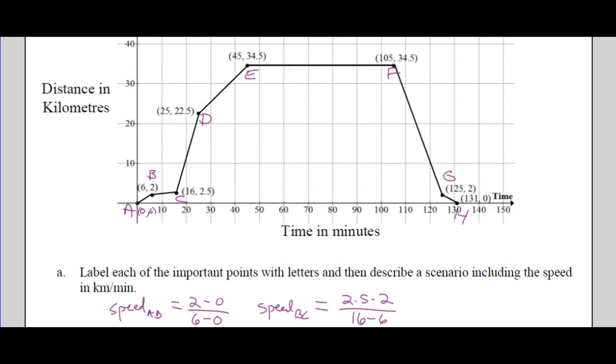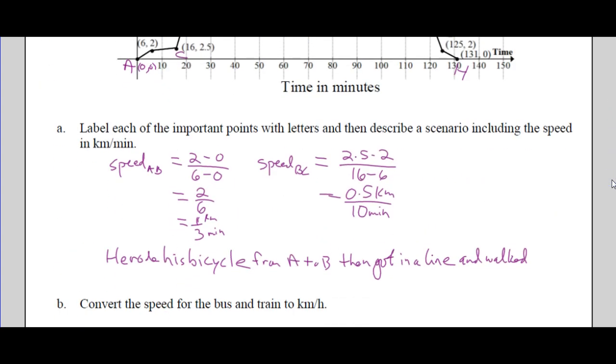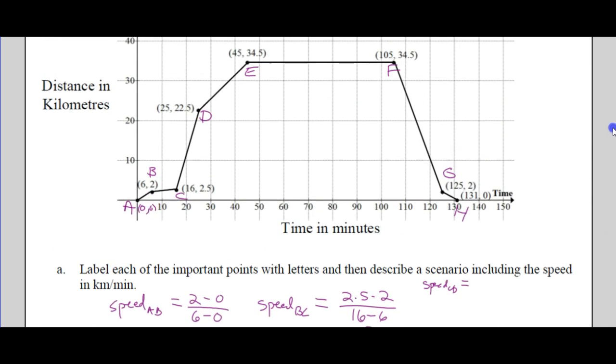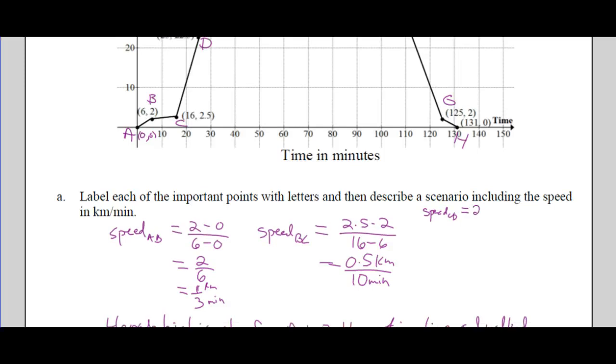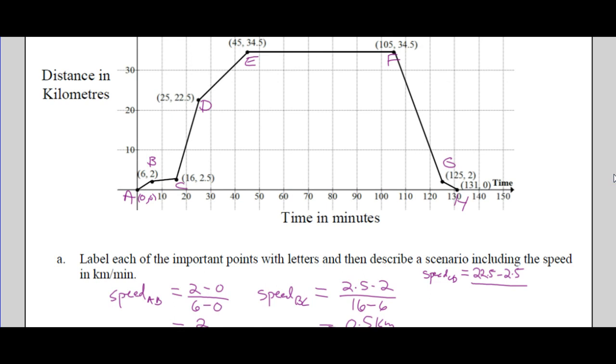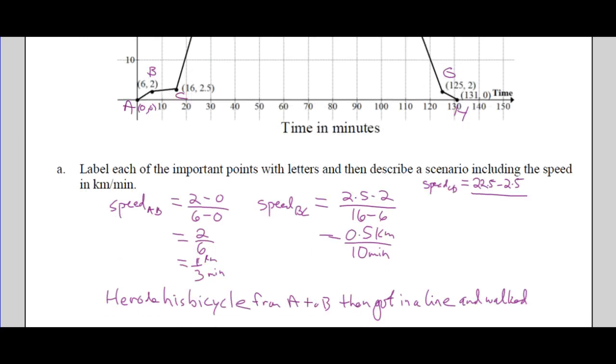Okay, so keep going. We have C to D. We're going to run out of space here. C to D, so he's gone from 2.5 kilometers to 22.5. So it's 22.5 minus 2.5, and the amount of time that took was 25 minus 16, because he started at 16 minutes and ended at 25.